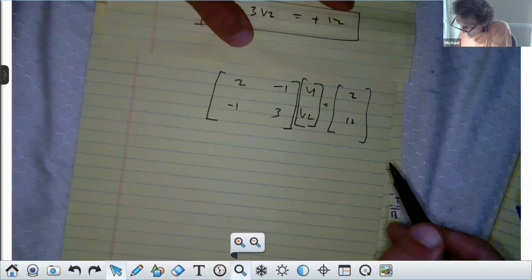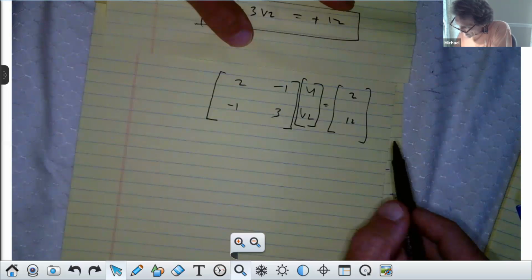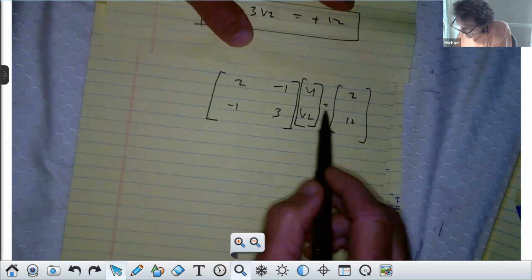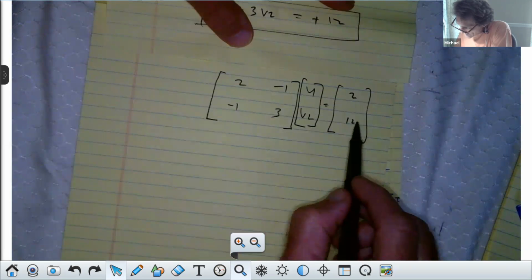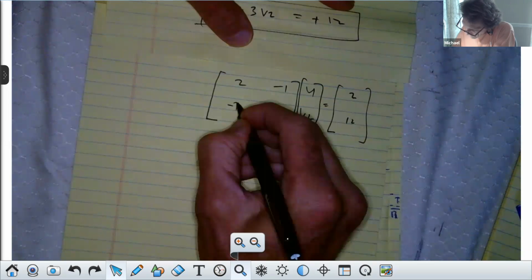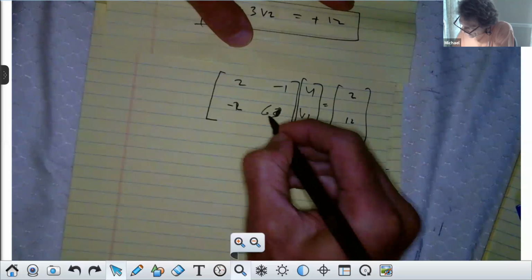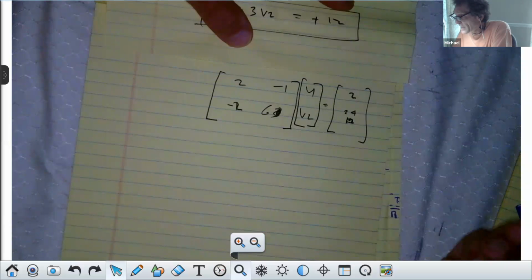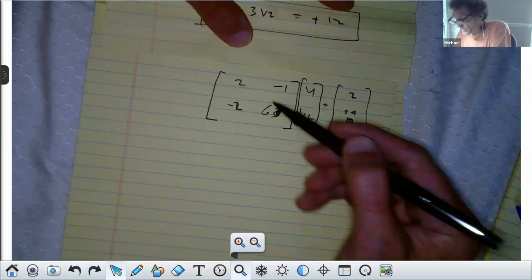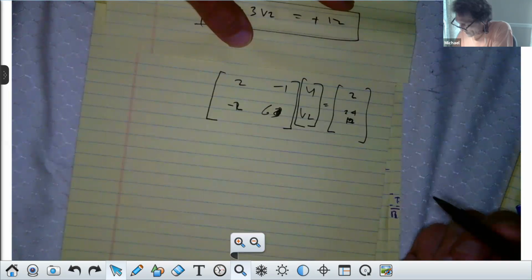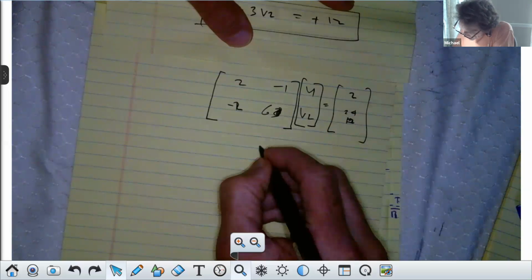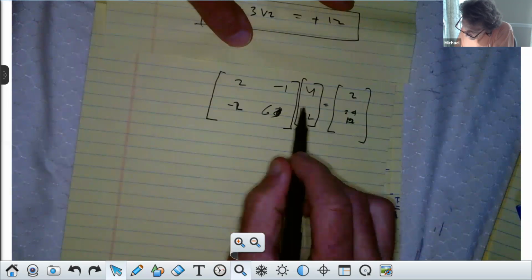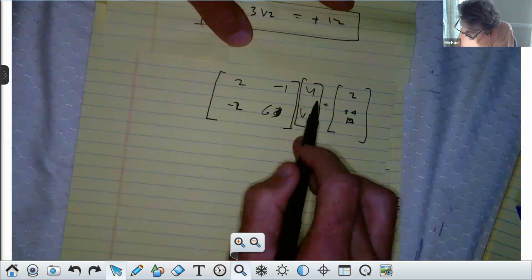If you want to, you don't even have to do this for this one. If you look at this, if I wanted to solve this thing, if I multiply the bottom one by 2, right, I would get 2 here, then I'd get 6 here, and then I'd get 24 here, correct? And then what could I do? I could add them, couldn't I? What would I get? I would get 5. I mean, excuse me. For that one, I would have 2 minus 2, the V1s go.